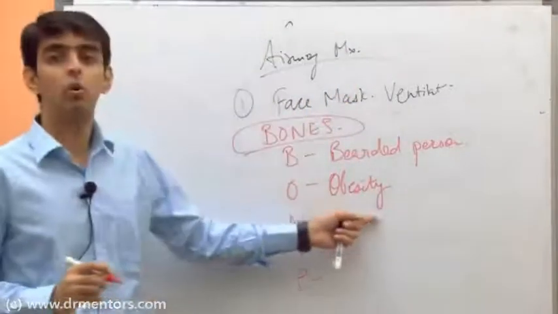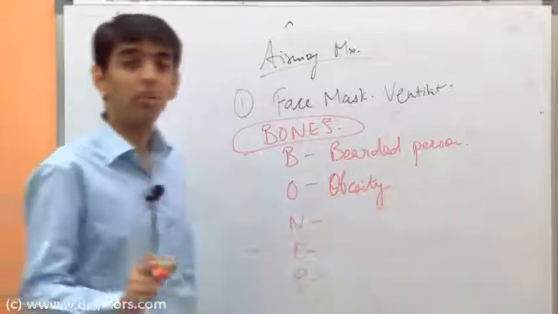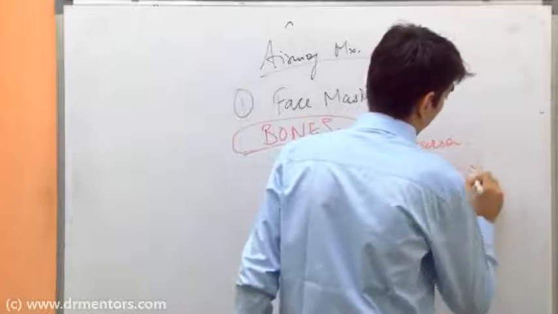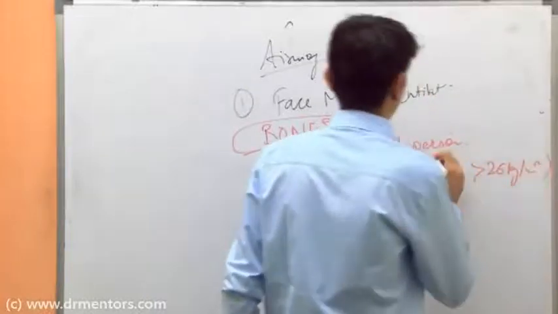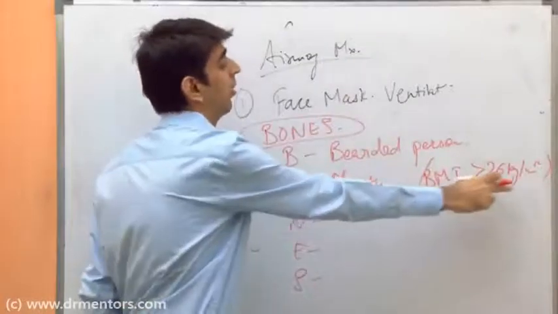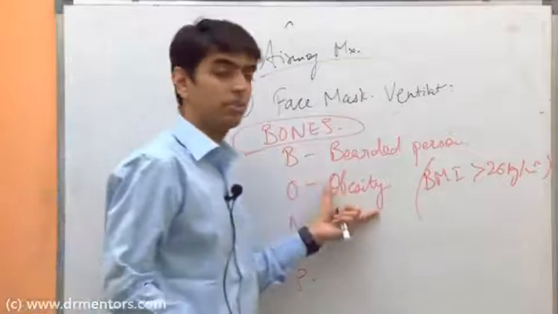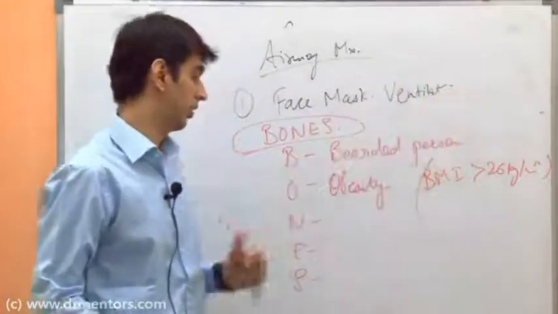O stands for obesity. A person with a BMI of more than 26 kg per meter square, an obese patient, is considered difficult for face mask or bag mask ventilation.